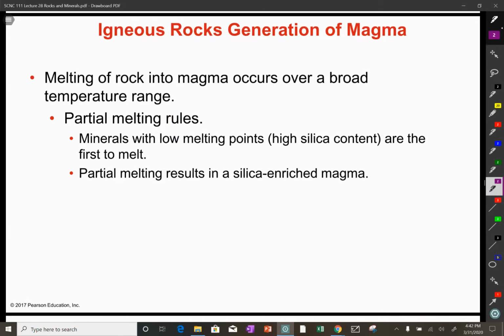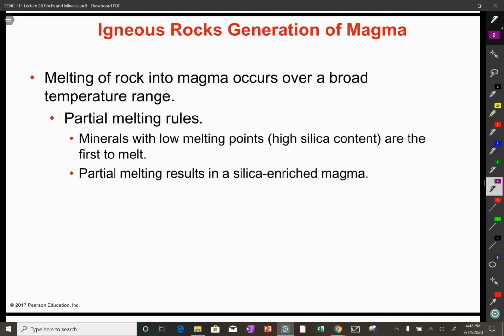I feel like I've talked about all of this already. When you have melting rock, things with a high silica content are going to have a low melting temperature. So they're going to be the first things to melt. And then as it gets hotter and hotter, you'll have the things that are less percentage silica that also melt.